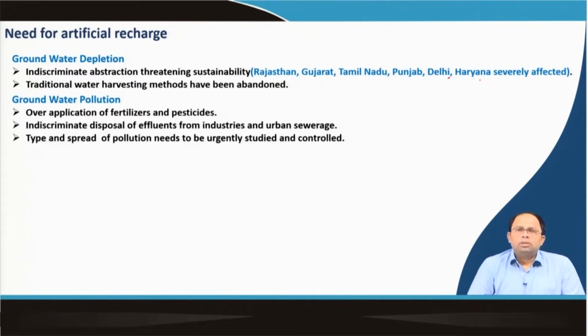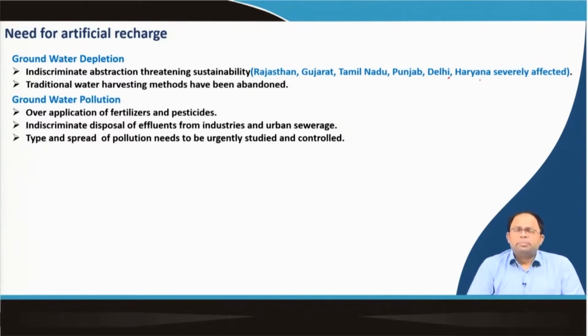Then groundwater pollution. So, that is another reason why we need to do artificial recharge. We are having too much application of fertilizers and pesticides, which are gradually infiltrating into the groundwater, and plus there is a lot of disposal of effluents from the industries and urban sewerage, which is not actually treated, and that is also reaching the groundwater.